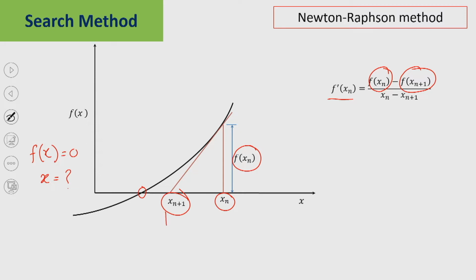The tangent is touching the x axis at x n plus 1, and this distance is x n minus x n plus 1. So from this triangle I can find the derivative.